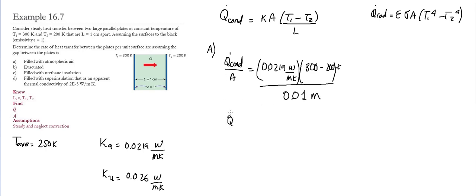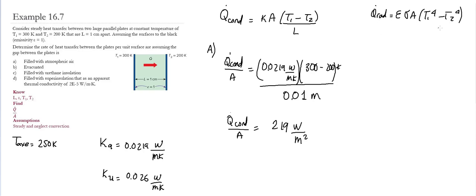Therefore, the value that we have for conduction divided by the area for part A is equal to 219 watts per meter squared. Okay, so that's the total value for conduction for part A.